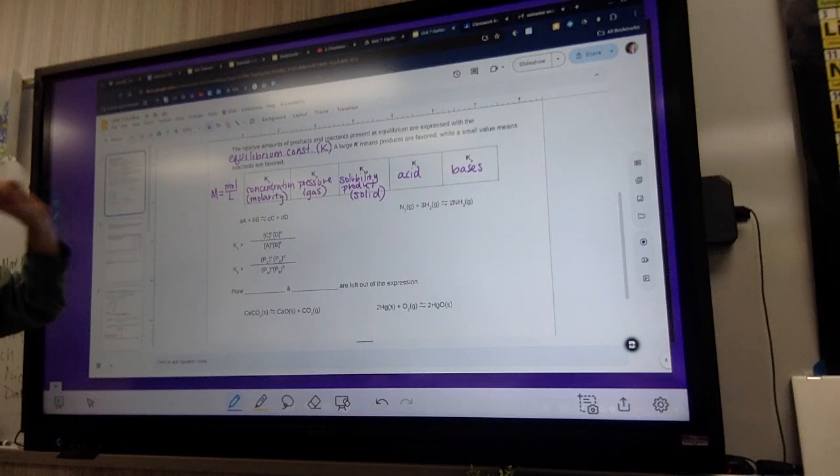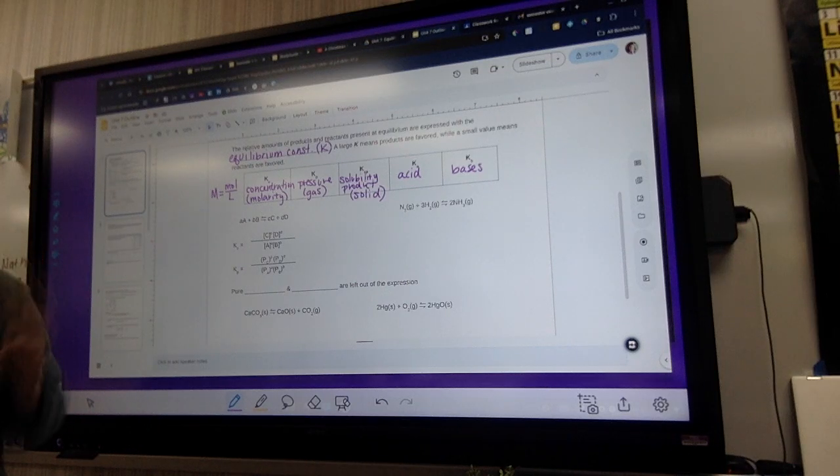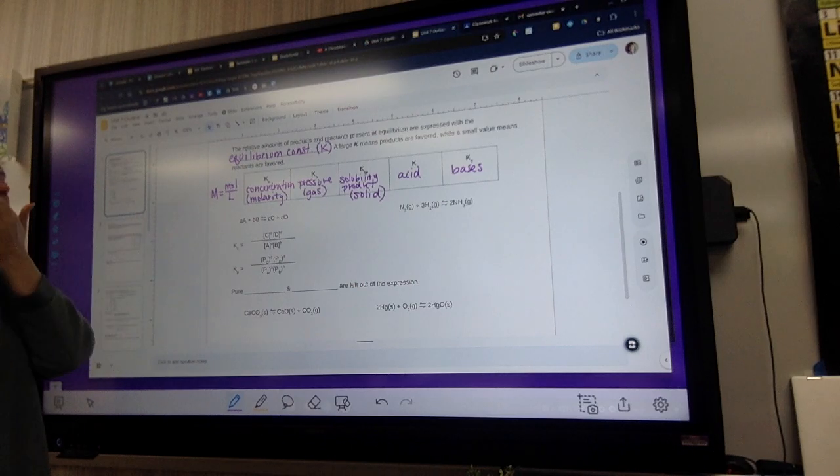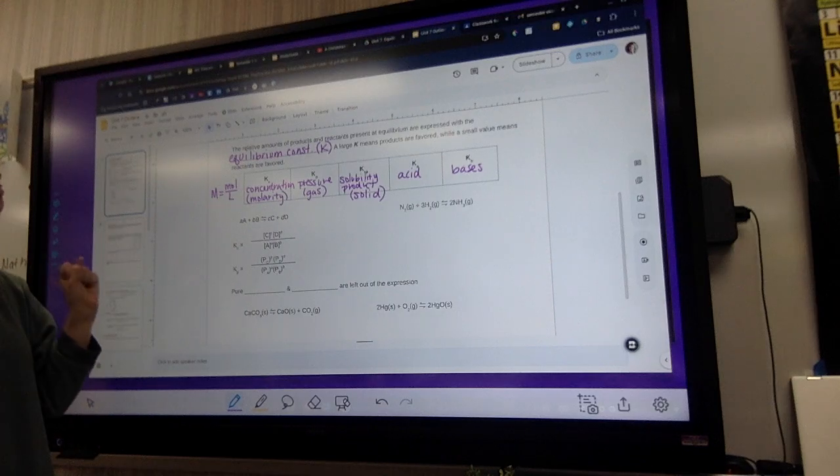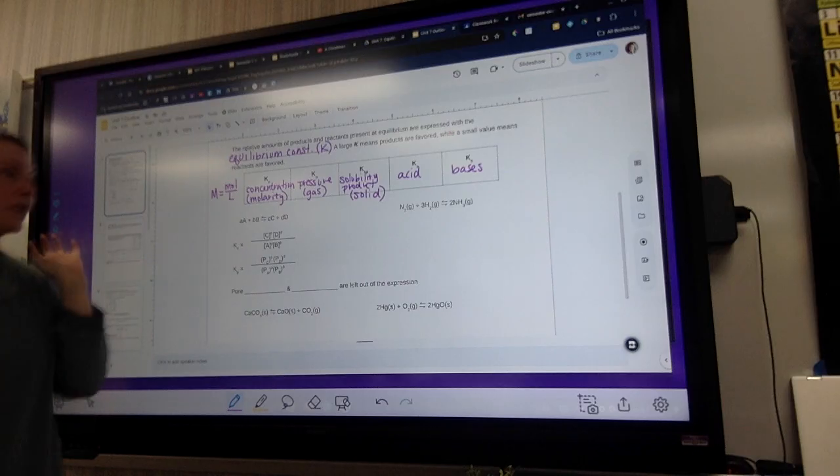When we are writing the K expression for our equilibrium constants, here I've given 2 examples, whether concentrations were given or pressures were given. This is our generic equation. We've done this before in chemistry, it's just we did it really quickly.